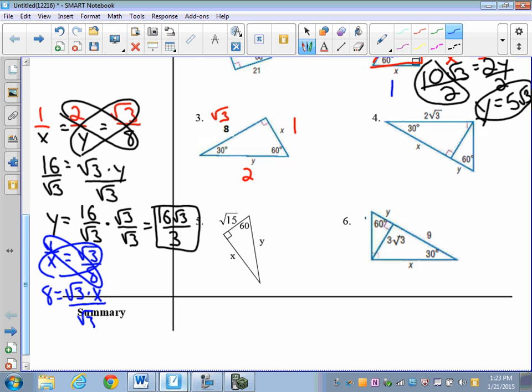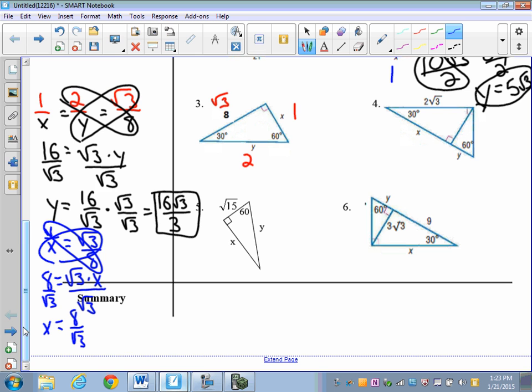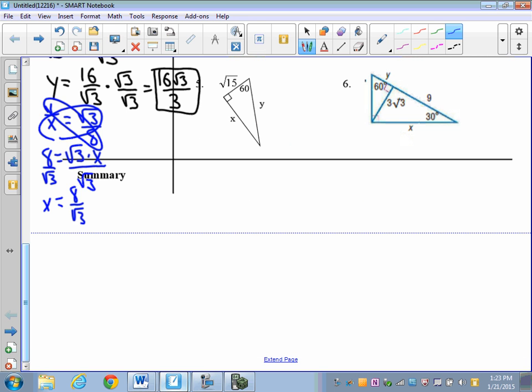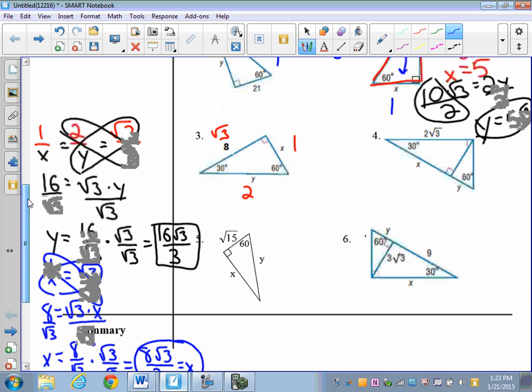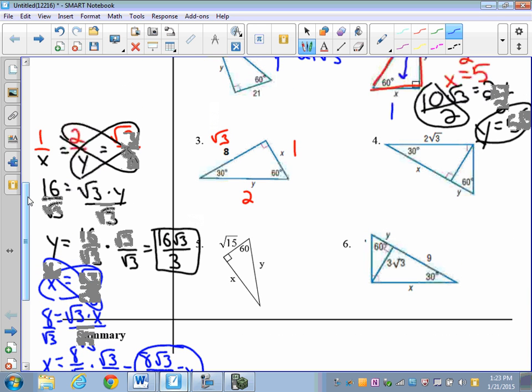You divide by the square root of 3. And then we have to get rid of that square root of 3 in the denominator. So we multiply by the square root of 3 over the square root of 3. 8 square root of 3 over 3. That was x. So I'm going a little bit too fast. You can always slow down or rewind the video.